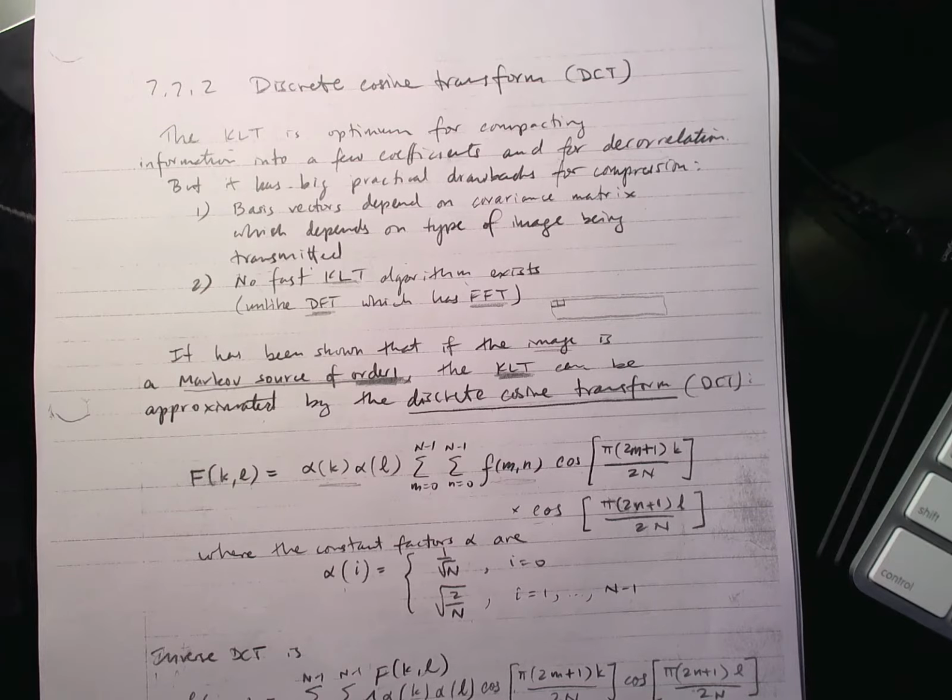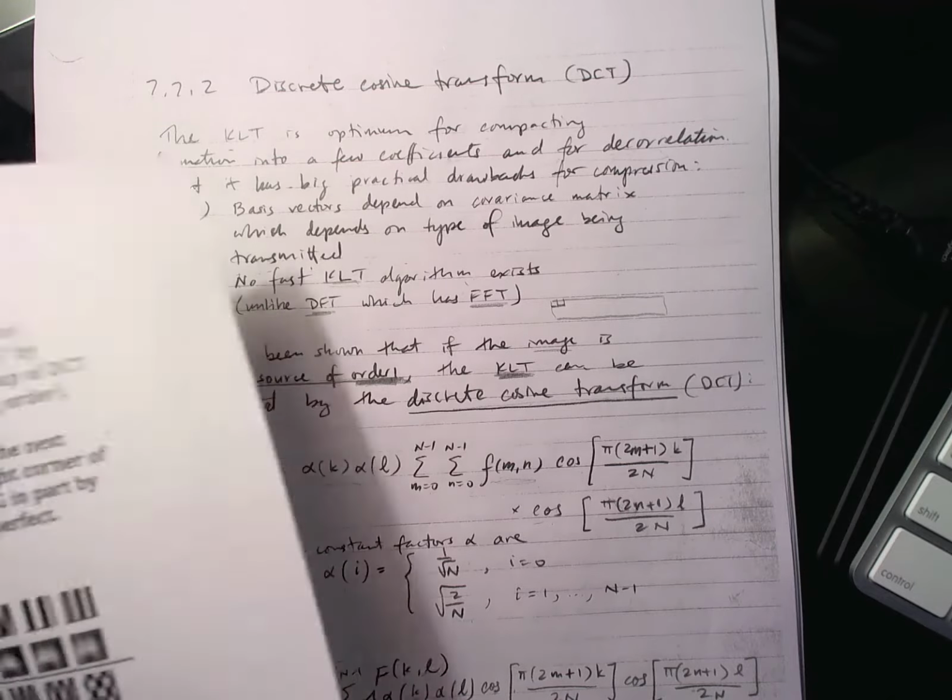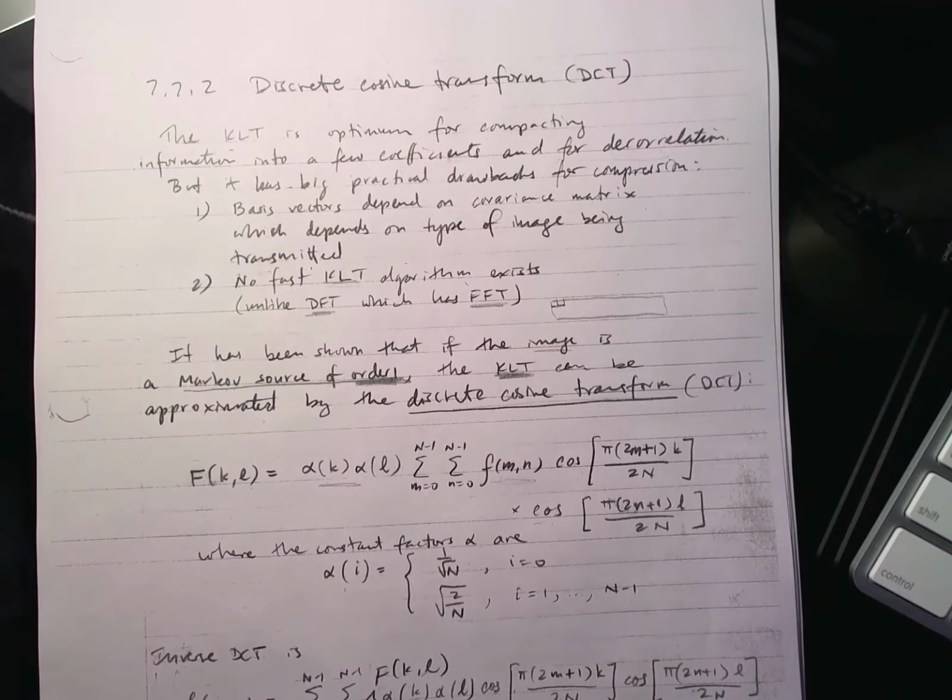Now, I explained in the KL transform that the idea is to find a set of basis images such that the compression would work as well as possible.